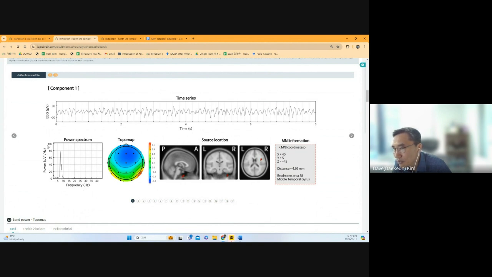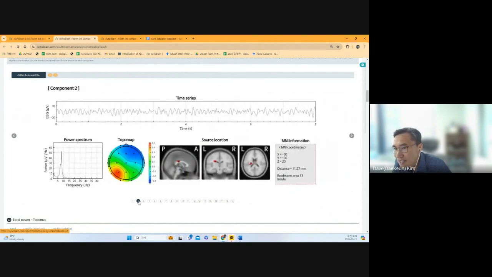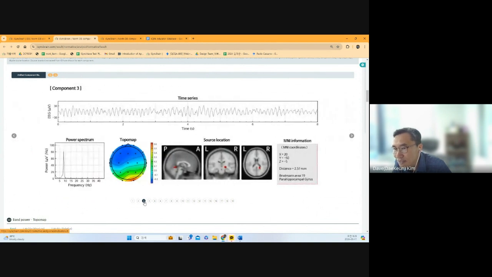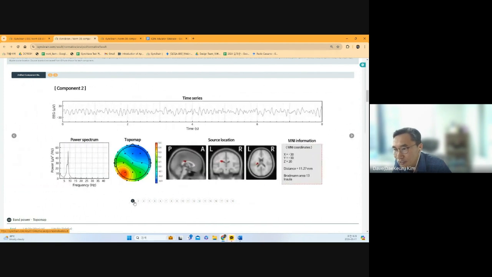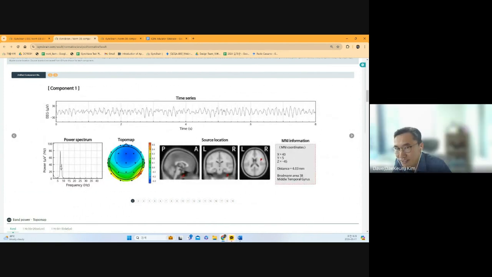The power of the component: the first is 80, and the second is 50. The peak is important, but the power is usually the integration under this curve, so all the area is the power.